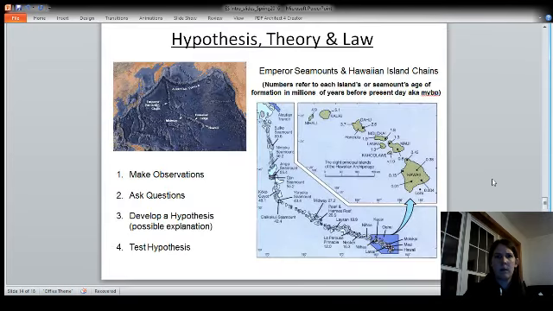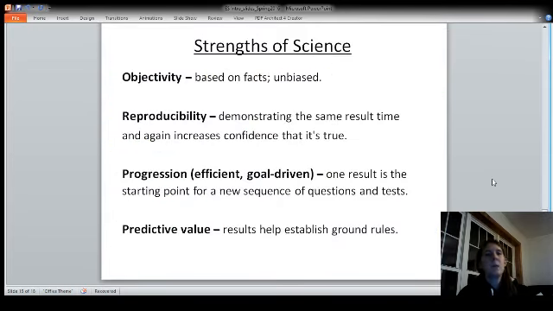Okay, so this is looking at your homework question. These are images of the Emperor Seamounts and the Hawaiian Island chains. When you look at your homework assignment, you'll see that there are numbers on each island on both the Hawaiian and the Emperor Seamounts, and these refer to the island's age of formation in millions of years before present day.